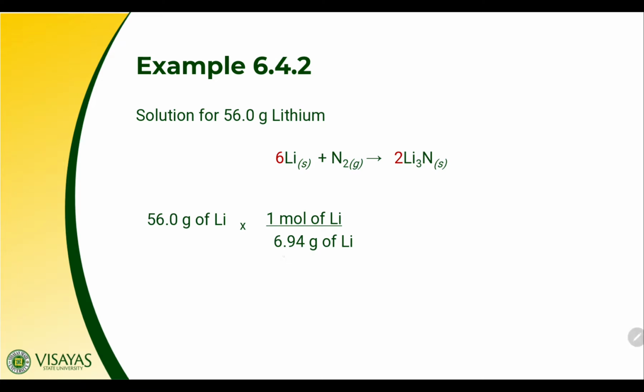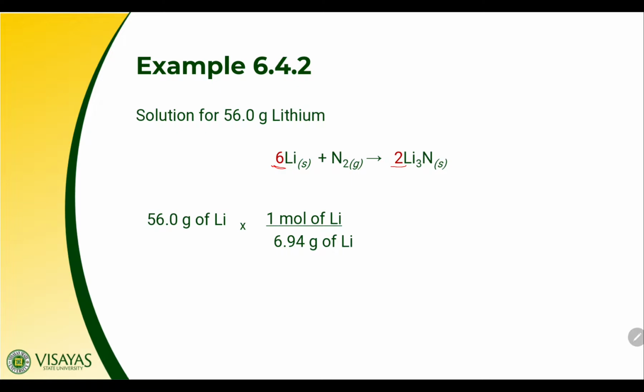Again, you can look this value up in the periodic table of elements. Then we convert mole lithium to mole lithium nitride using the ratio of lithium and lithium nitride in the balanced chemical equation. So we use 6 mole lithium is to 2 mole of lithium nitride.